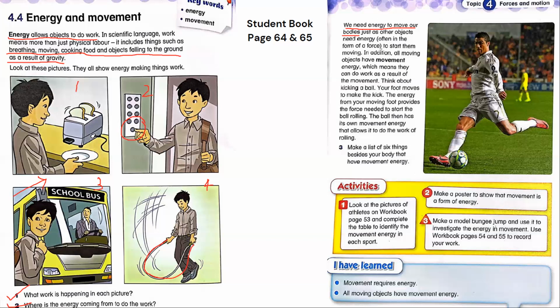In addition, all moving objects have movement energy, which means they can do work as a result of the movement. Highlight: all moving objects have movement energy.